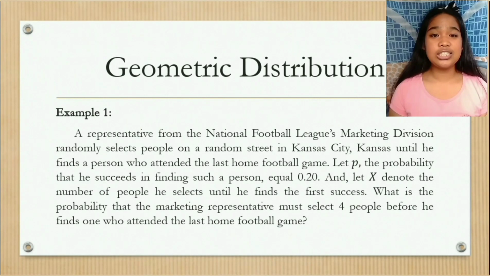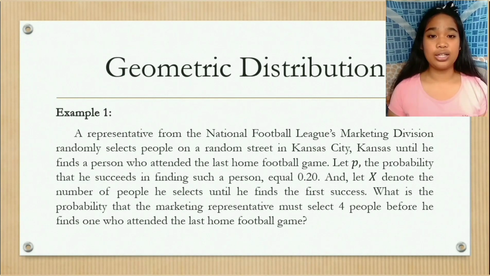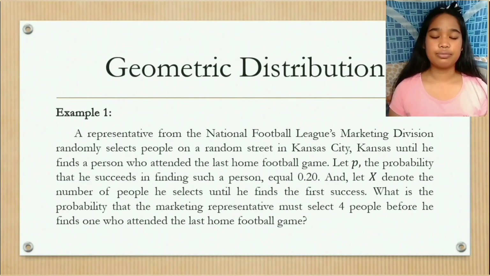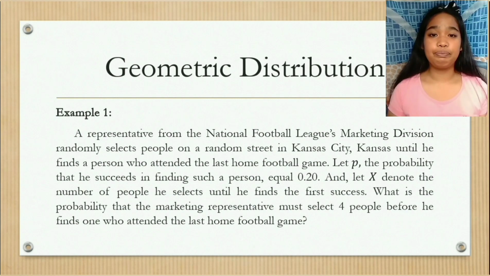Here are the examples of geometric distribution. Example 1. A representative from the National Football League's marketing division randomly selects people on a random street in Kansas City, Kansas, until he finds a person who attended the last home football game.